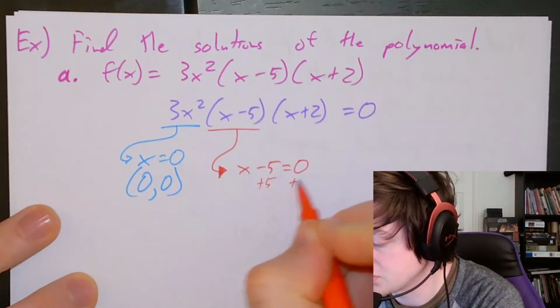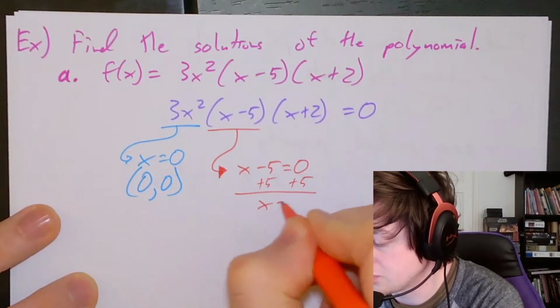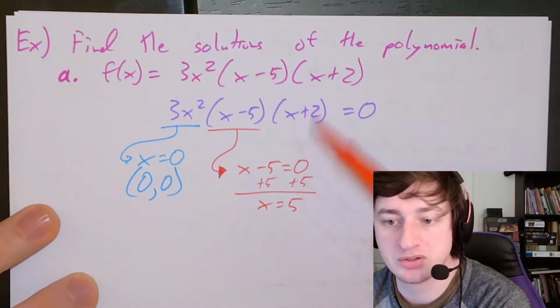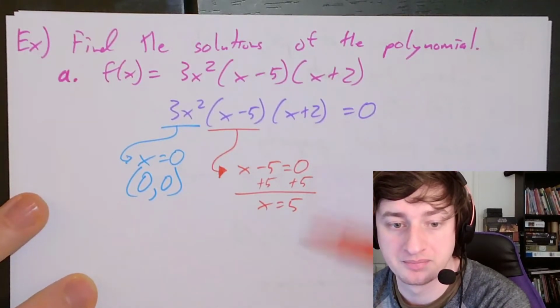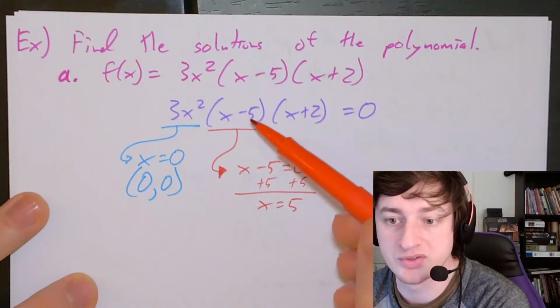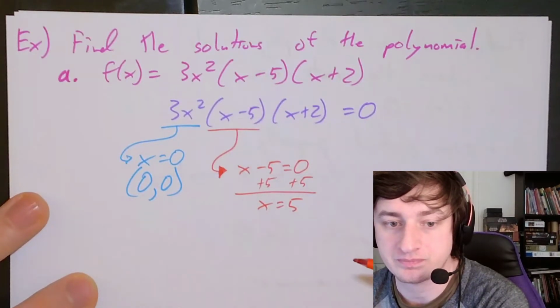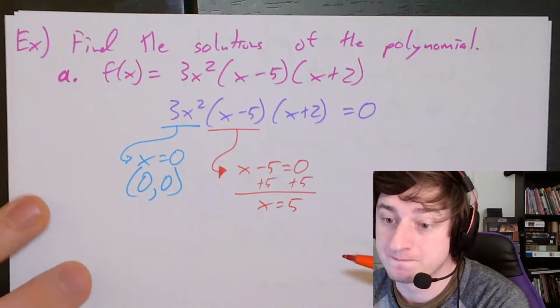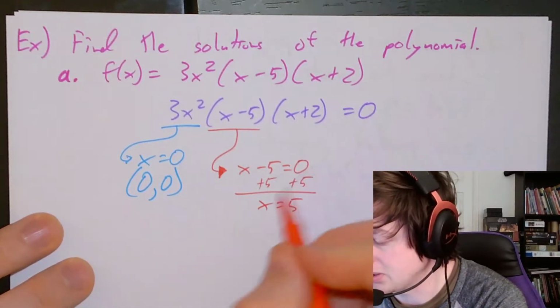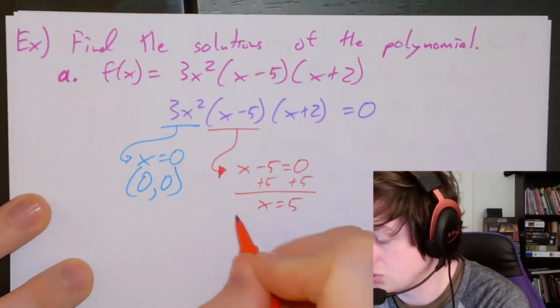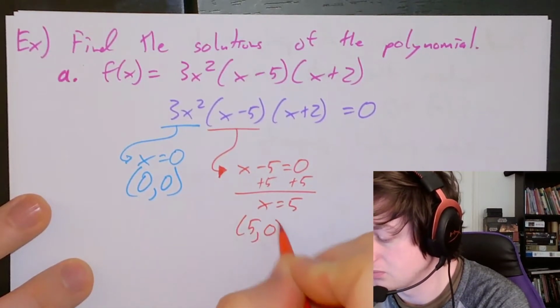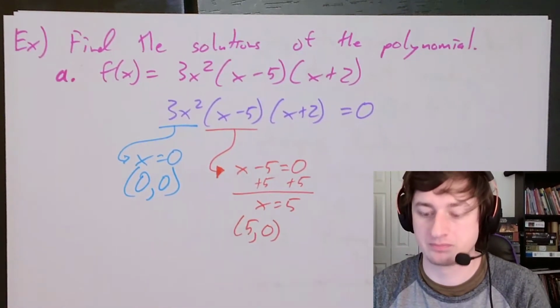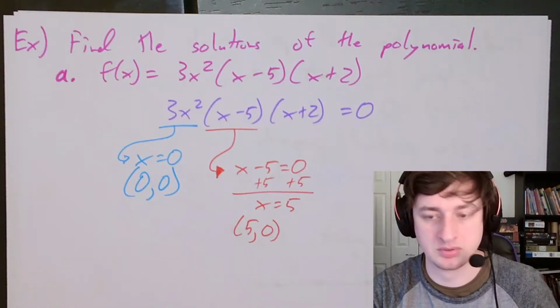Well, we add 5 to both sides. We get x equals 5. I don't expect you to write this equation out every time. You can say, what's the opposite thing? So this gives us the coordinate point 5, 0. That's one of our solutions.